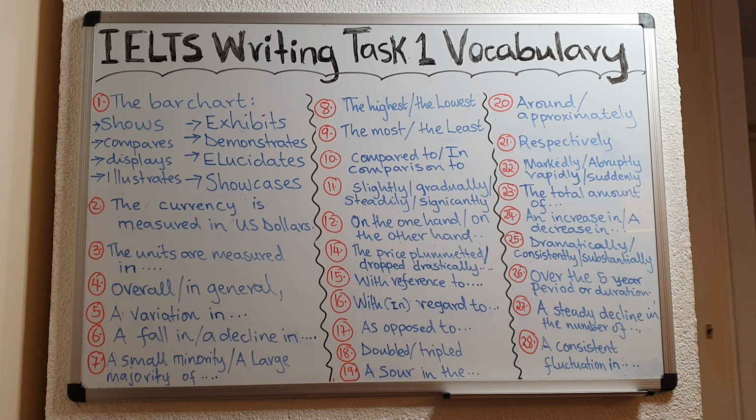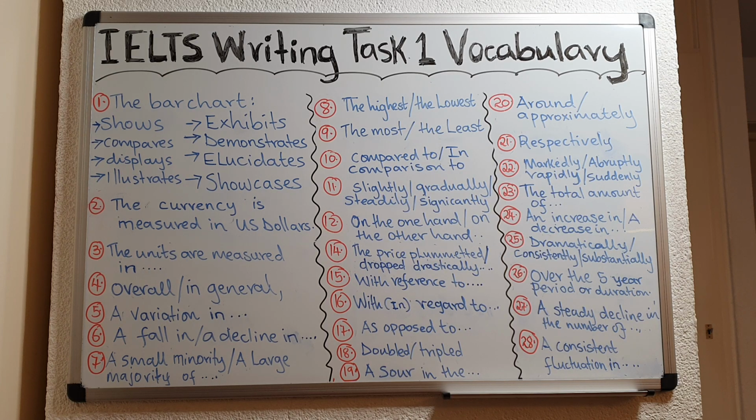Now, when you're writing your task 1, you're usually expected to write a report, okay? And the report could be based on a bar chart, for example. It could be based on a graph, okay?